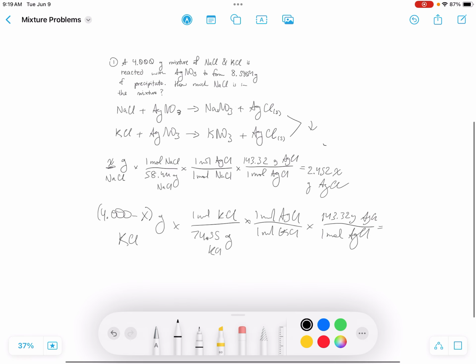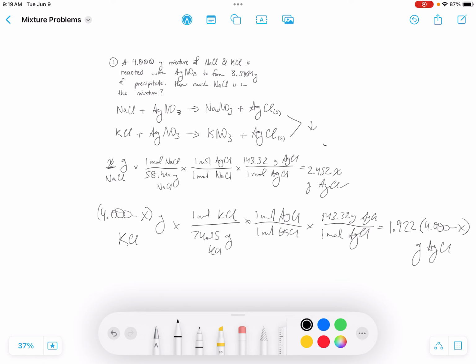So all that should equal you 1.922 times 4 minus x grams AgCl, because remember this term is from this part, and then this term is from this starting part, okay?